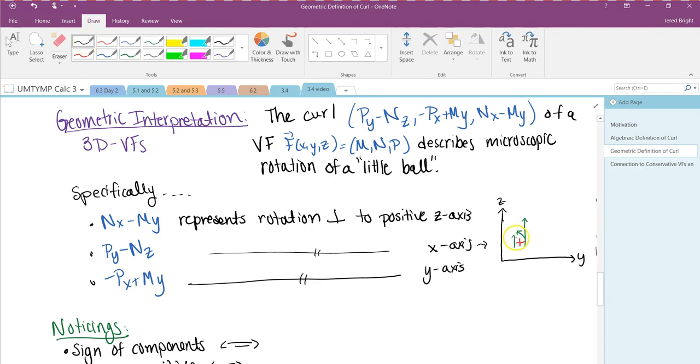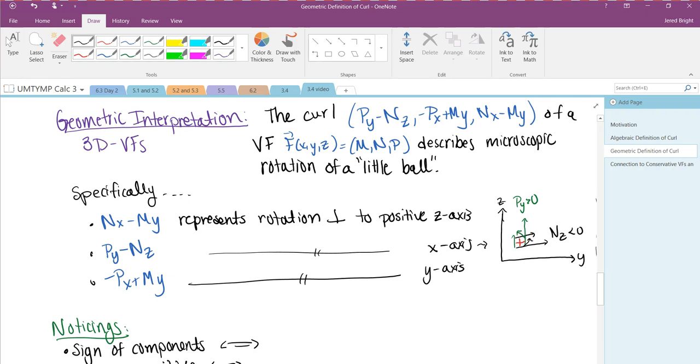Let me go back and clarify here: P_y we're saying is greater than 0, and then just to make sure that we end up with counterclockwise rotation, if N_z here is negative, then we're going to get counterclockwise rotation as well.